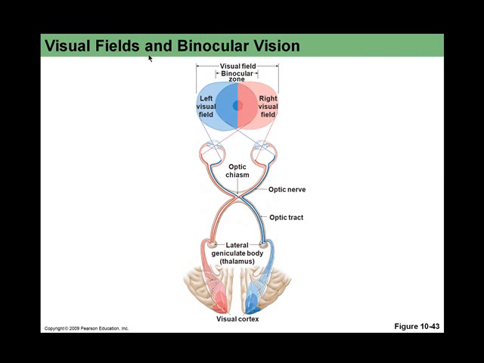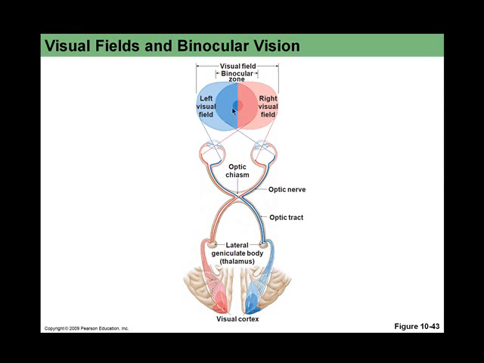The visual fields and the binocular vision are shown in this slide, and I believe it is the final slide. There are a few points we want to make from it. We have the blue and the red, and again we're assuming a dorsal view, so the right visual field is shown in the pinkish to red, and the left visual field in the light to dark blue.